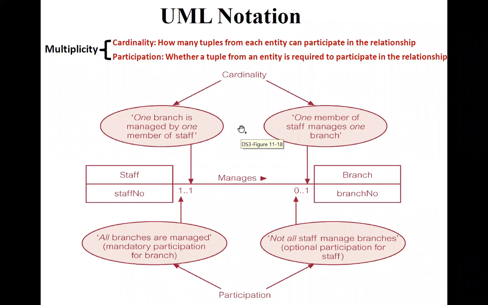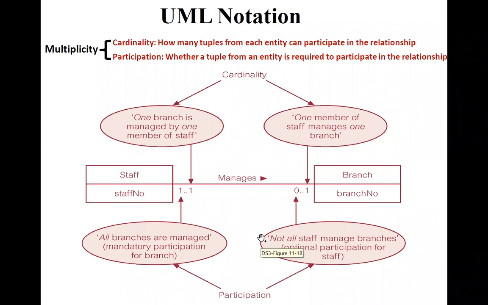We're going to go over the notations in a lot more detail later, but I just want to share some info with the class. So this is a very simple ERD based on UML. We have two entities, staff and branch, with entity name and primary key. There is a relationship between them, and this relationship is named manages, and there's a direction going from staff to branch, okay?